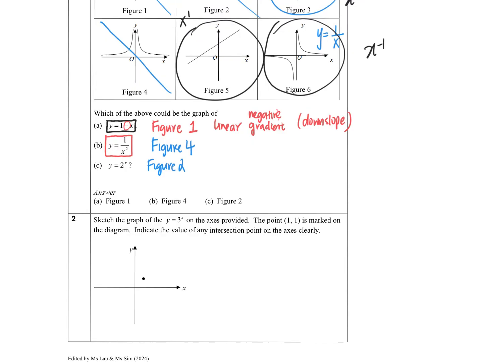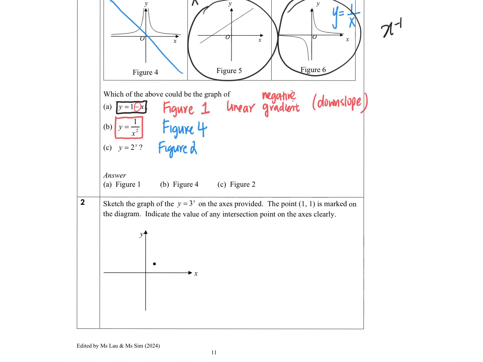If they ask you to sketch and they say this is 1, 1, they are telling you the scale. First thing you know is if you sub in x as 0, your y must be equal to 1, so it must pass through here.